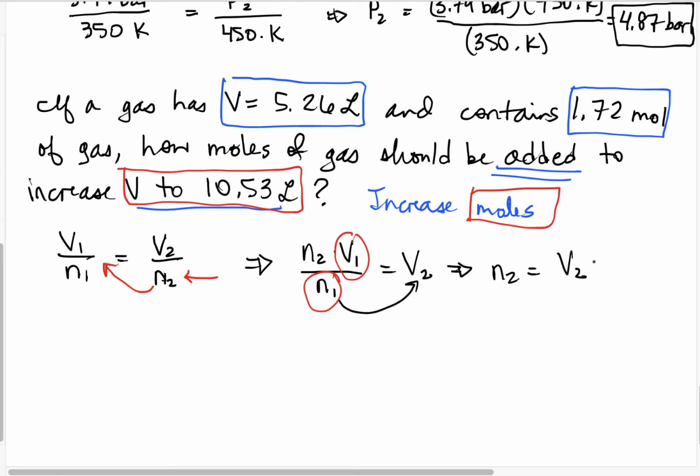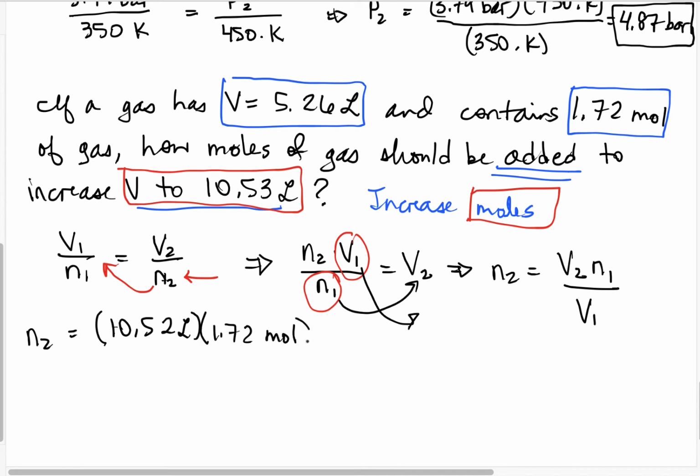This guy's going to come over here, and this volume is going to be in the denominator. So n2 is going to be my new volume, 10.52 liters, multiplied by my original moles, 1.72 moles, divided by 5.26 liters. So this gets me 3.44 moles as my total number of moles.